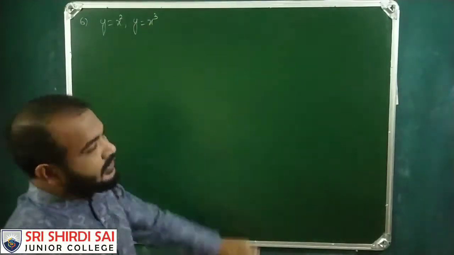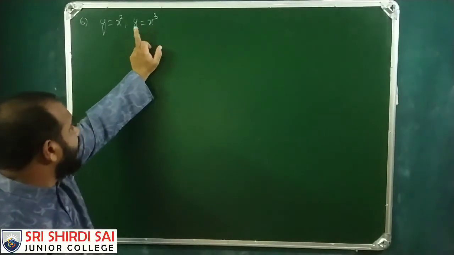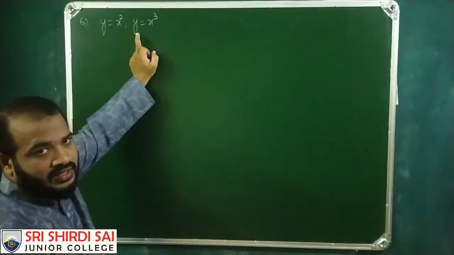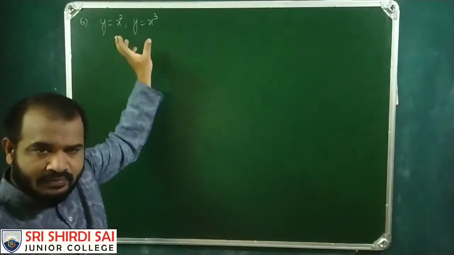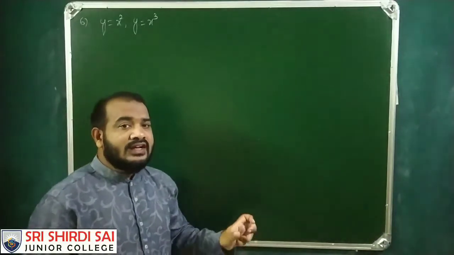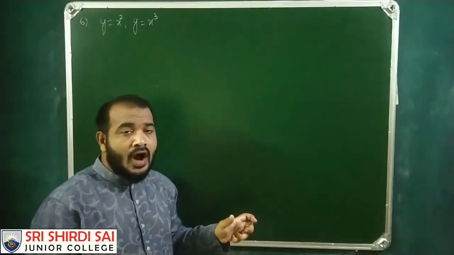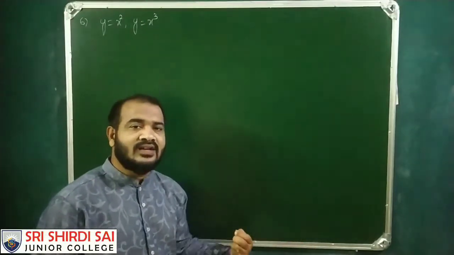What about y equals x cube? If we substitute x equals minus x and y equals minus y, then still minus y equals minus x whole cube. Still the same y equals x cube we are getting. That means it is symmetric in the opposite quadrants. That is first and third quadrant.